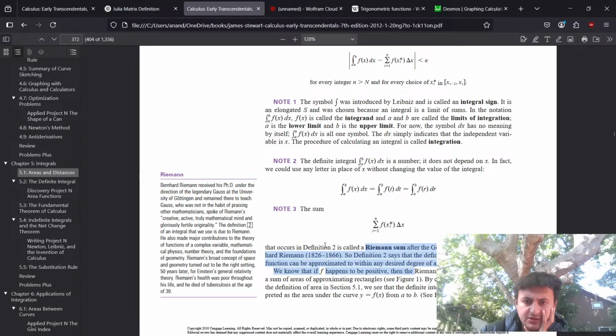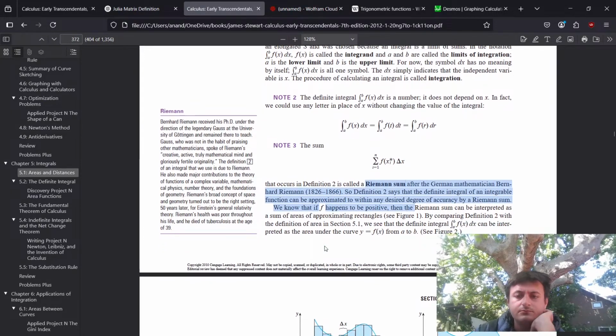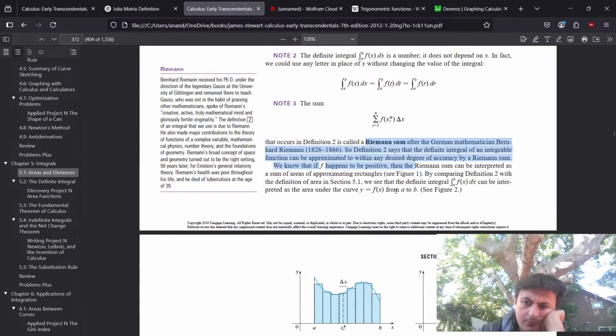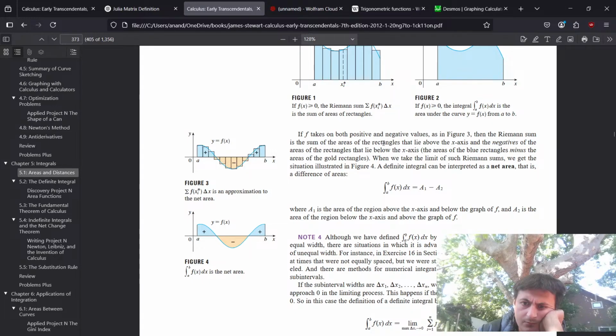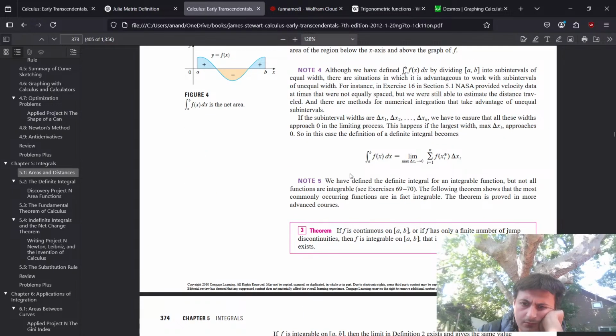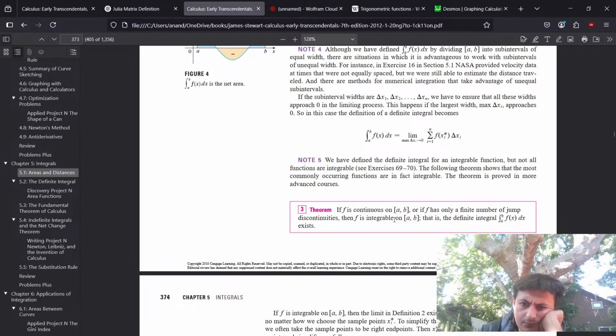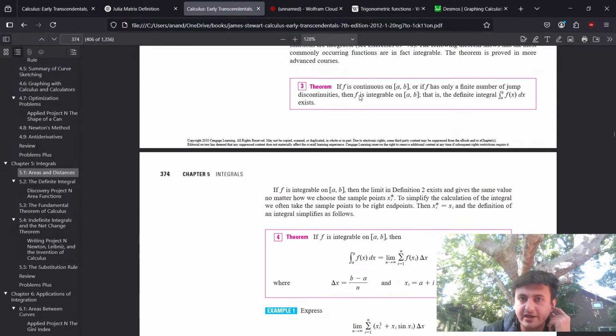The sum that occurs in definition 2 is called a Riemann sum. This is actually interesting.